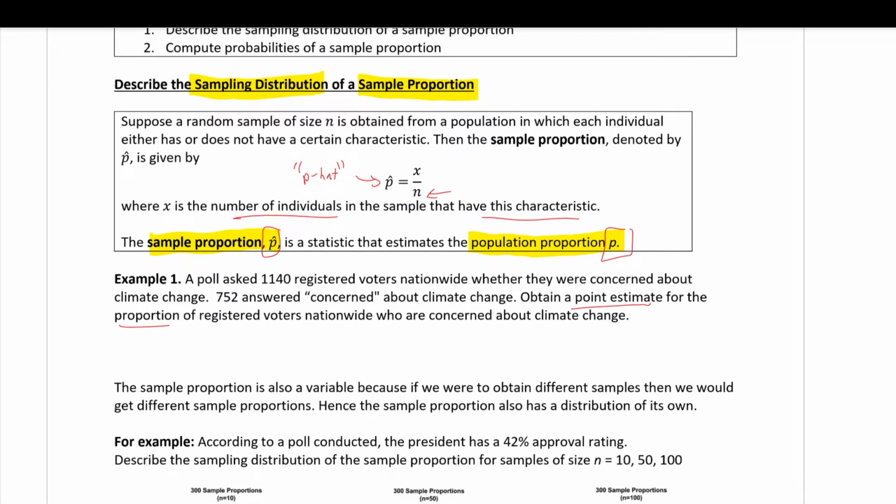The point estimate for a proportion is just the sample proportion, which is x over n. In our case, our sample size was 1,140 voters, and 752 of them were concerned about climate change. If we divide those two numbers, that would round to about 0.6596 to 4 decimal places.